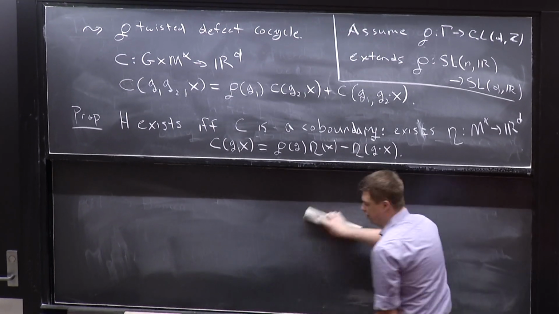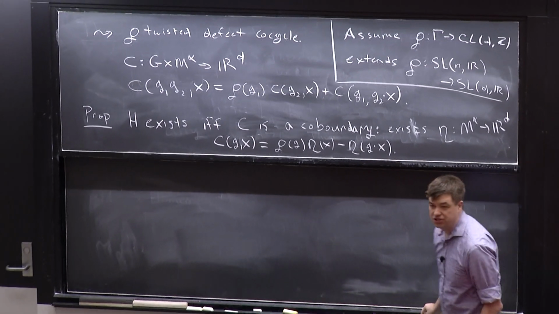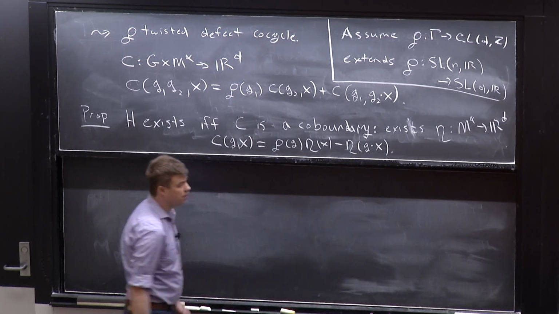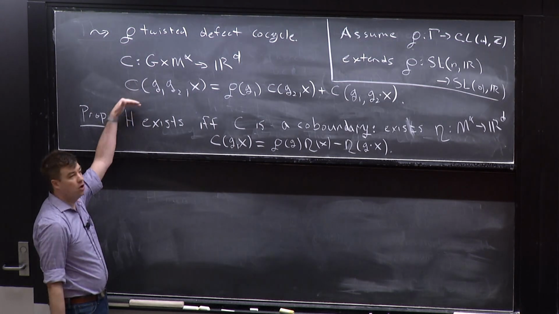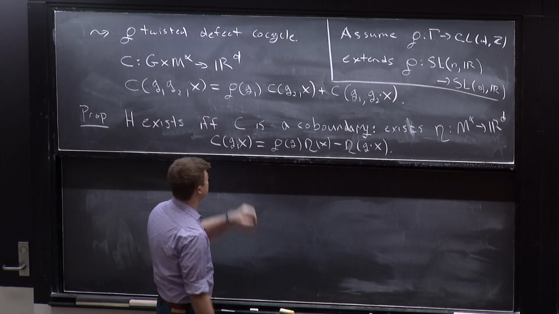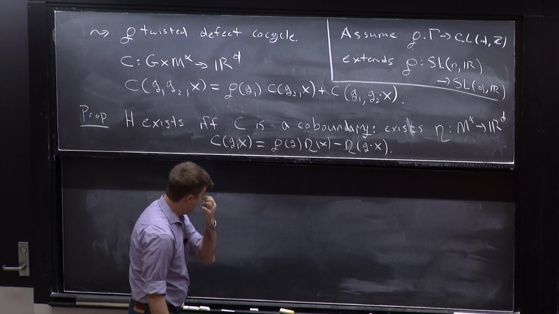Okay, so we make an initial guess for what our H is, and that initial guess probably doesn't work. And the defect of how it works is measured by some rho-twisted cocycle. We want to show that that's a coboundary.